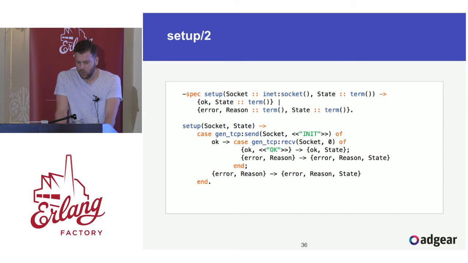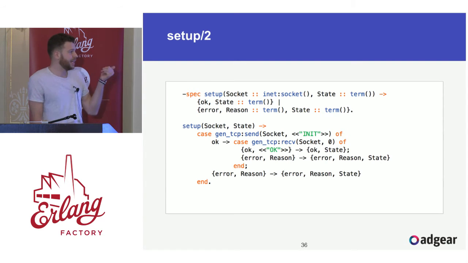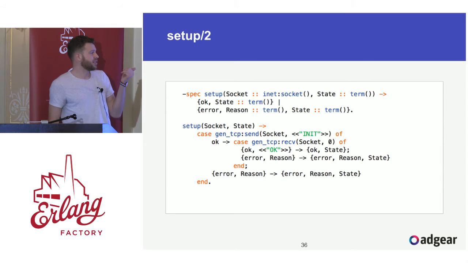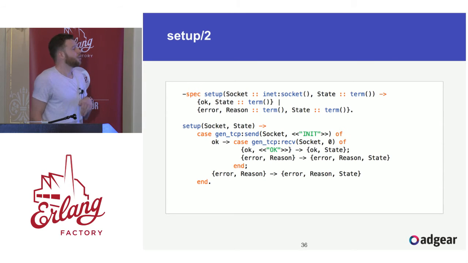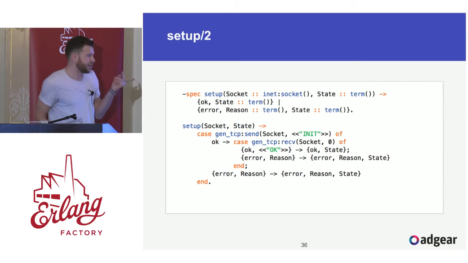Then in setup, you receive the socket and the state. When you receive the socket, it's set to active false, so you can do synchronous send and receive. In this case, we send INIT. If it succeeds, then we do a receive. We're expecting OK. If we don't receive OK, in this case, it's going to crash.